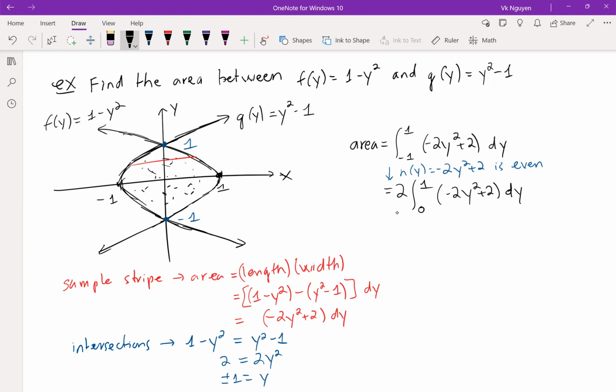The reason we use this fact is that it makes the computation much faster. The antiderivative is -2/3 y cubed plus 2y from 0 to 1. Do the substitution for 1, and we get -2/3 plus 2. Substitution for 0, we get 0. And thus this gives us 8/3.